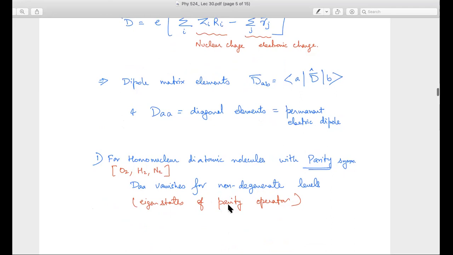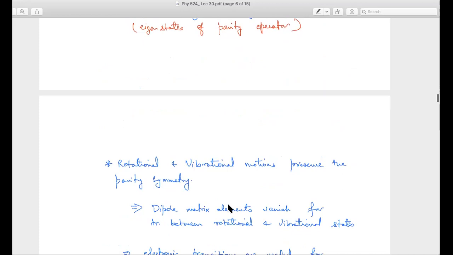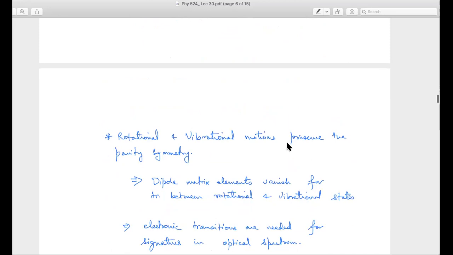So for all the non-degenerate levels, d_A vanishes, and I almost get no absorption and no emission. The whole of the rotational and vibrational molecular motion preserves this parity symmetry. I am vibrating the molecule, the parity symmetry is still preserved. I am rotating the molecule, the parity symmetry is still preserved.